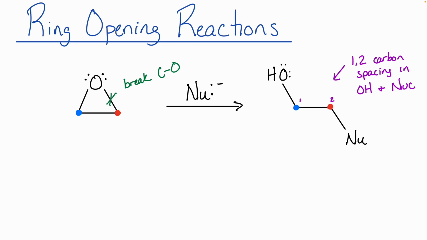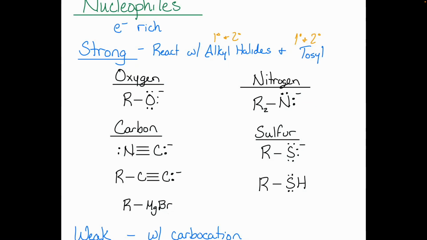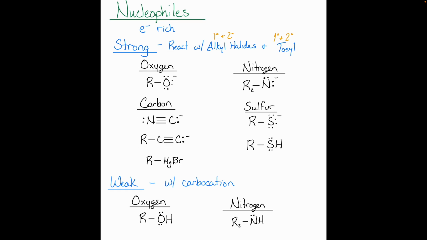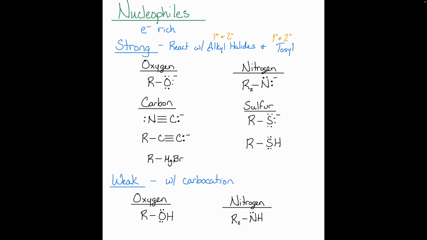Cool, and so we've talked about nucleophiles in our previous chapter. We made a little bit of a cheat sheet of our nucleophiles that we're going to see a lot of. We have our strong nucleophiles. These are easy to spot because for the most part they have net negative charges.